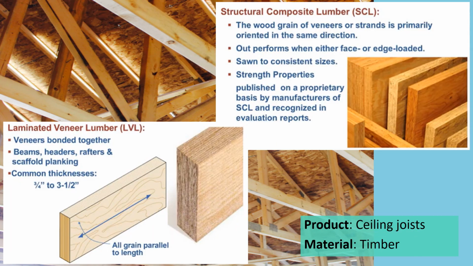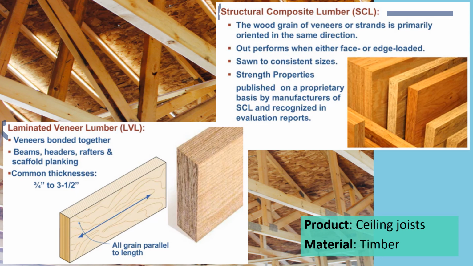We're looking at two things here. We're looking at structural composite lumber, SCL, and laminated veneer lumber, LVL. So I'm going to start with this one, structural composite lumber. The wood grain of veneers or strands is primarily orientated in the same direction.